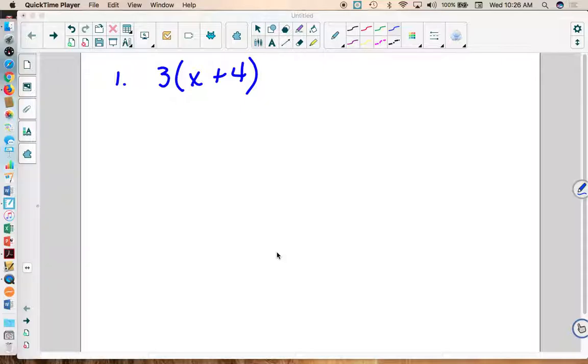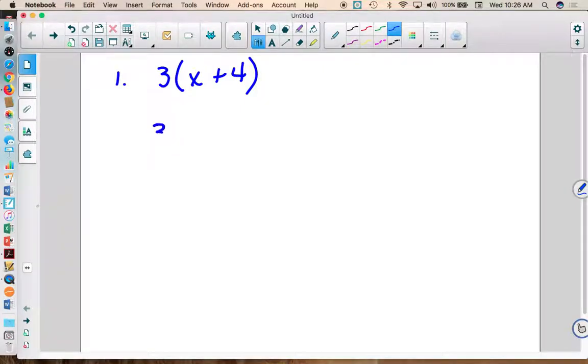Yes, yesterday was the first day of distributive property. Okay? And to distribute something is to share it with others. So basically what I want to do is share the 3 with the X and the 4. And by doing that, I'm basically saying 3 times X plus 3 times 4.